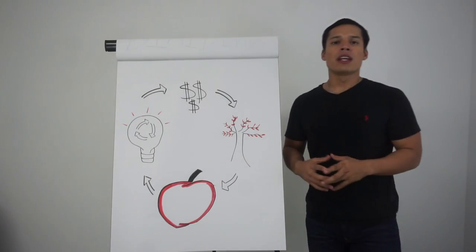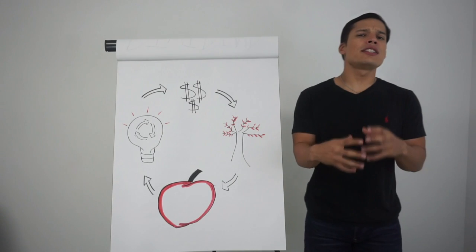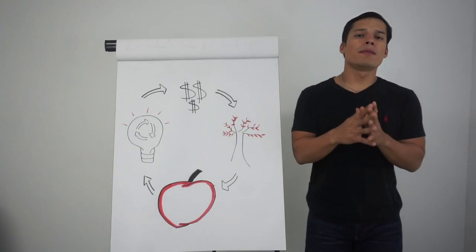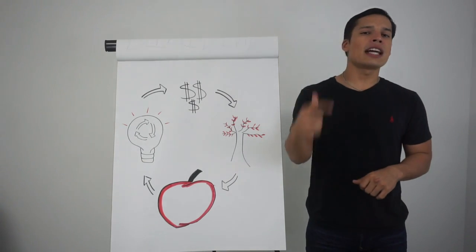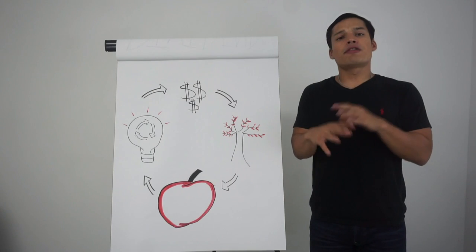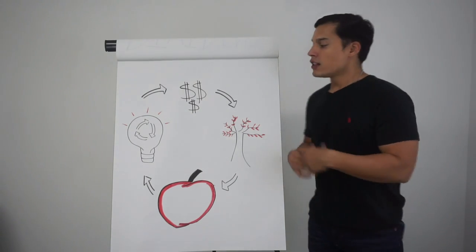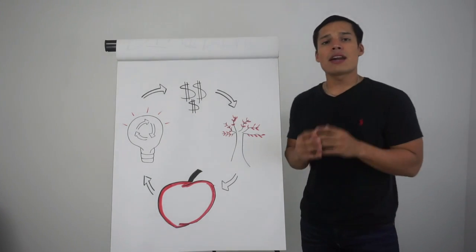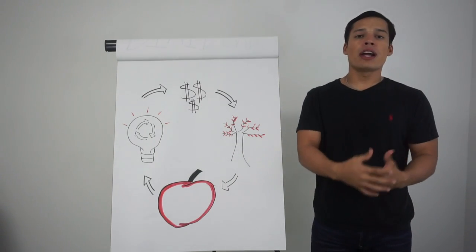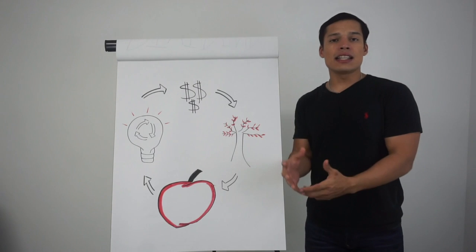For example, if you're a person that's really into sneakers, into shoes, for example, you collect Jordans, you collect Nikes, you collect Adidas, you collect Vans, you collect different kinds of shoes. Well, looking for companies that make shoes, you can start investing in the Nike brand, you can start investing in Adidas.